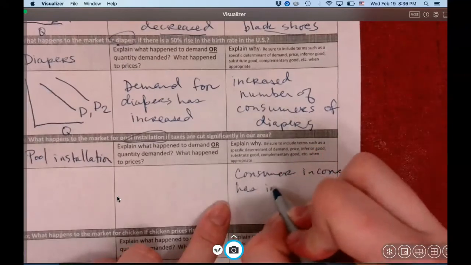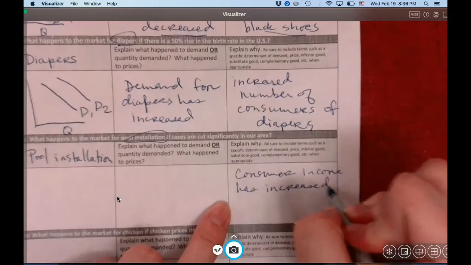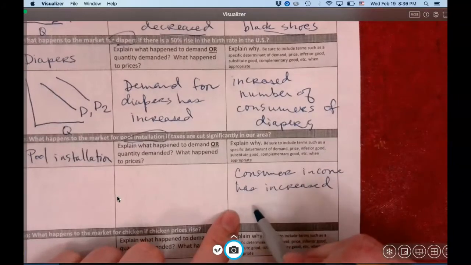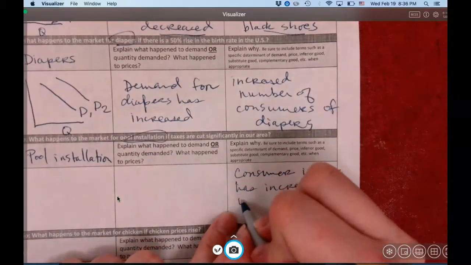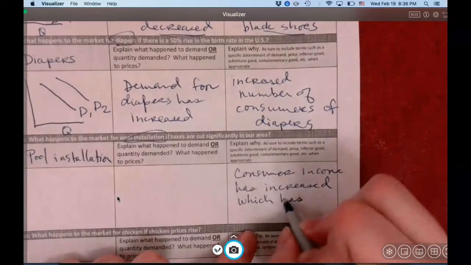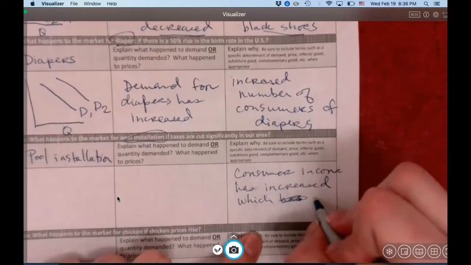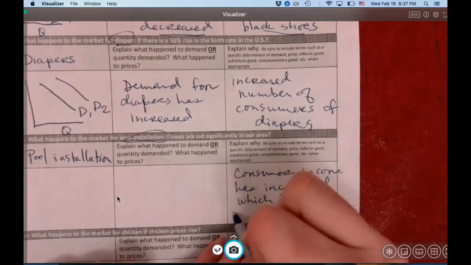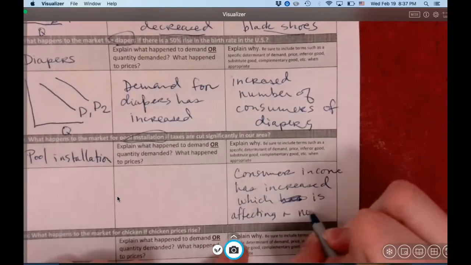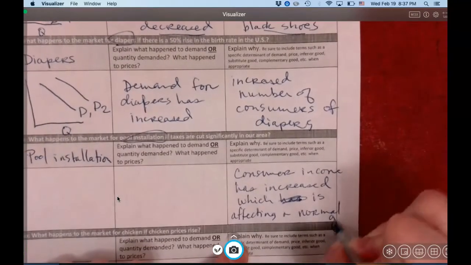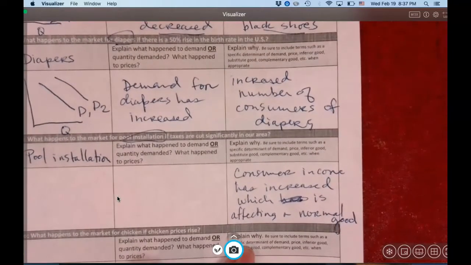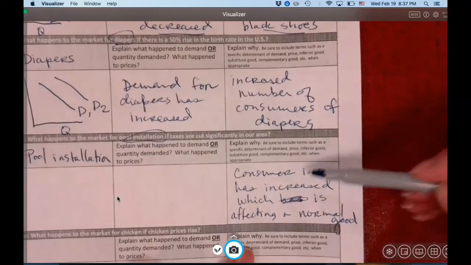has increased. Now, because this has to do with normal goods versus inferior goods, I'm going to have to add a little bit more here. Which is affecting a normal good. You'll lose points if you don't identify whether a normal good is in the question or an inferior good when it comes to consumer income.